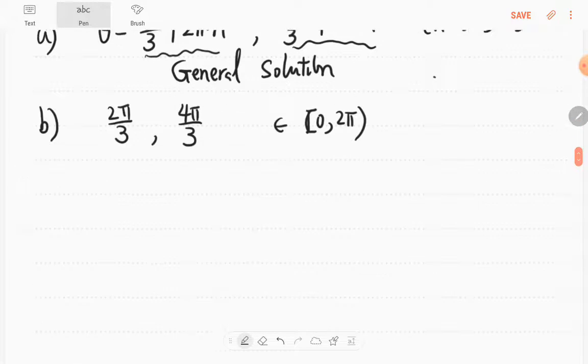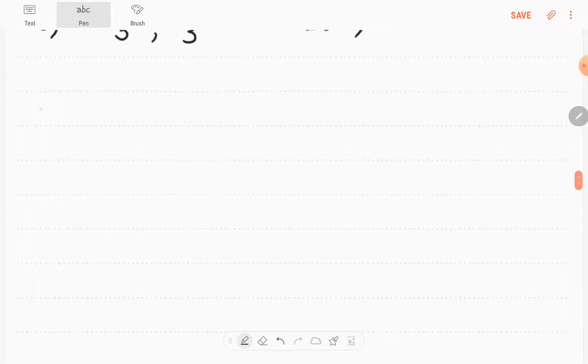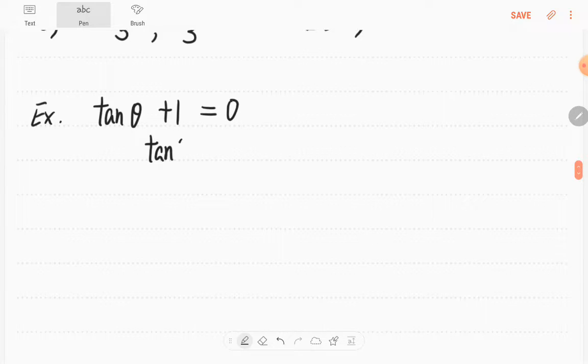So now let's look at another example. Tangent theta plus 1 equals 0. Okay, so we still solve for tangent theta. Tangent theta is equal to what? Equal to -1, right?